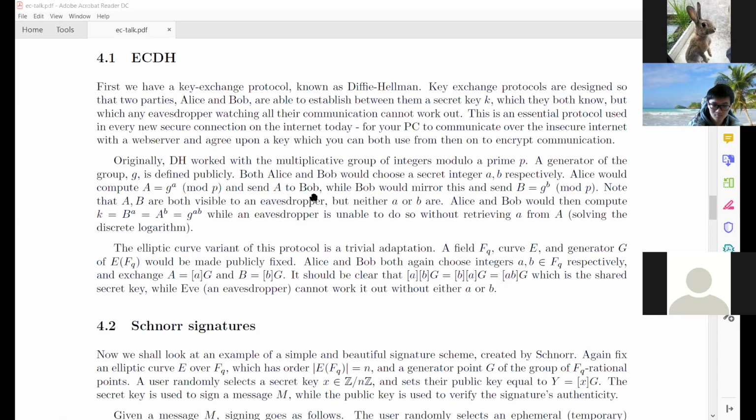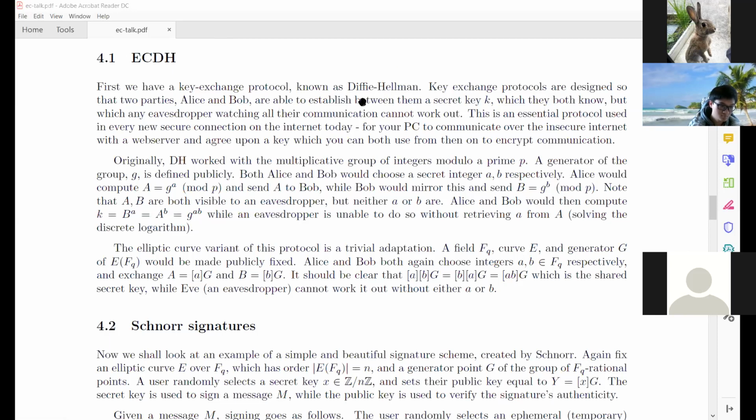All right. So the first one we'll look at is this key exchange protocol known as Diffie-Hellman. It has been around for quite a while, and it's kind of the start of public key cryptography, I guess, this paper by Diffie and Hellman.